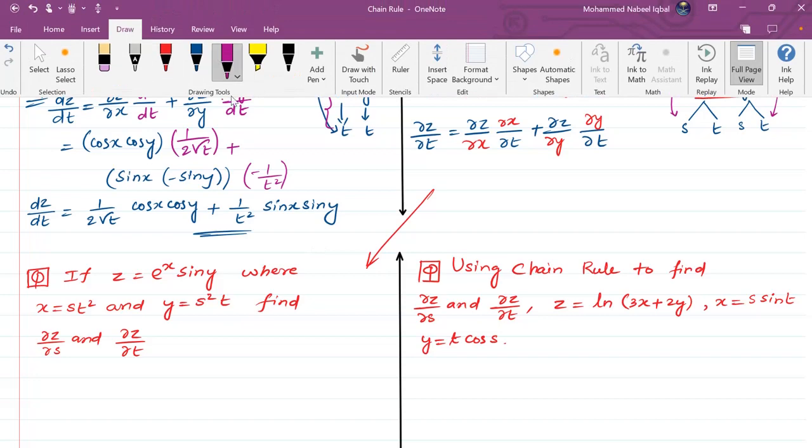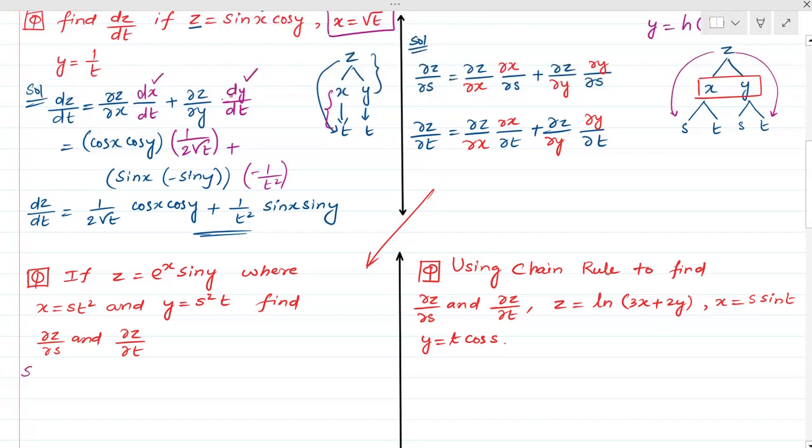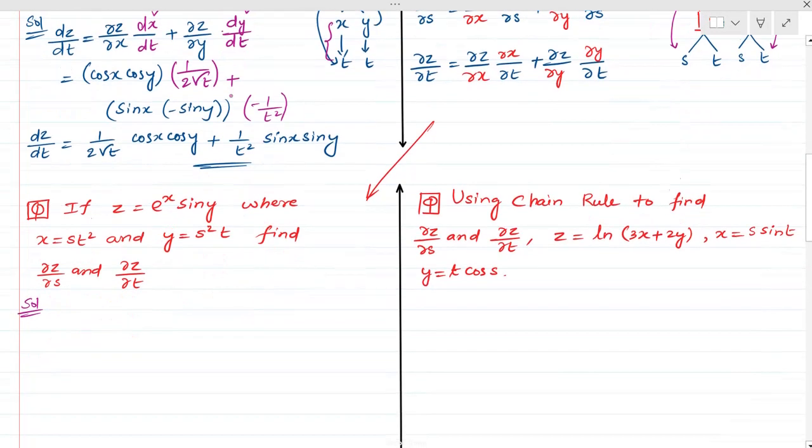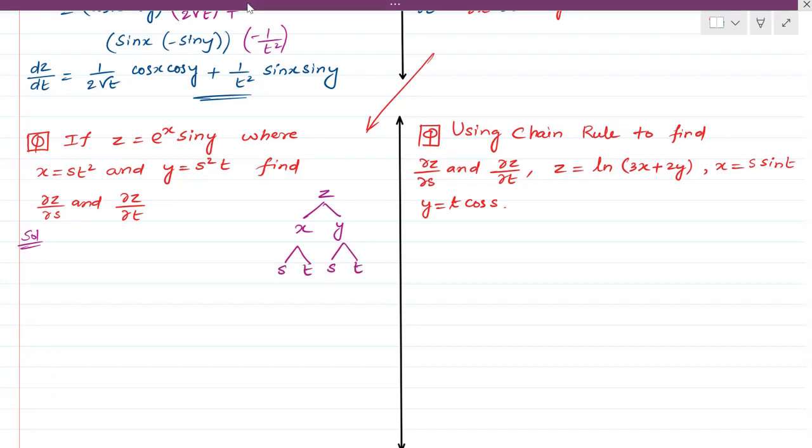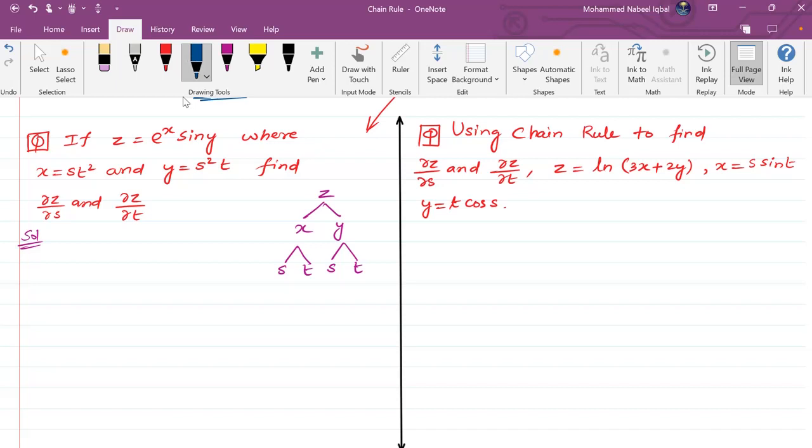So let us go with this part here. z is a function of x and y, and x and y are functions of s and t. So how will you calculate the derivative?